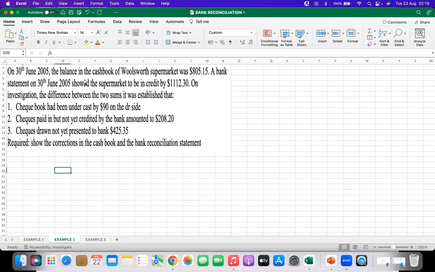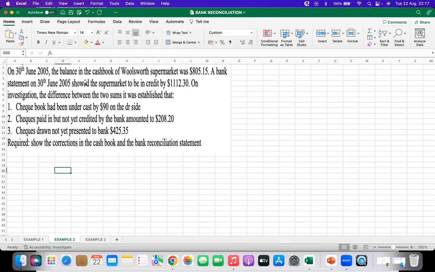On our second example, we have on 30th June 2005, the balance in the cash book of Woolworths supermarket was 805.15. A bank statement on 30th June 2005 showed that the supermarket to be in credit by 1,112.30.